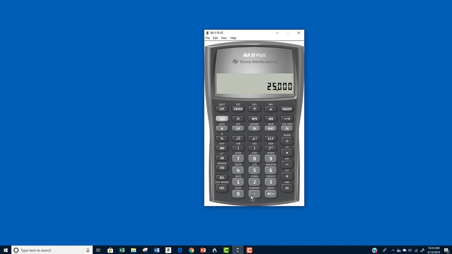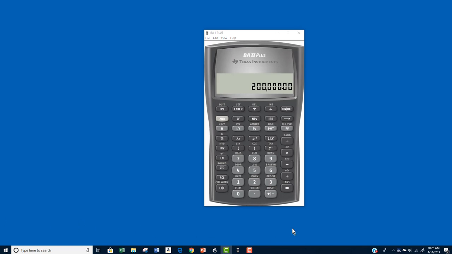Again, the addition function key, followed by 125,000. At this point, you've entered all your numbers, so you'll click on equals and your display will show $200,000, which is the answer to the problem.